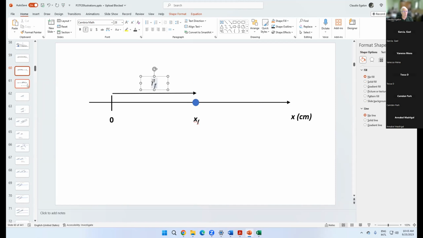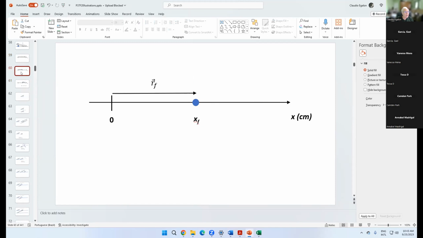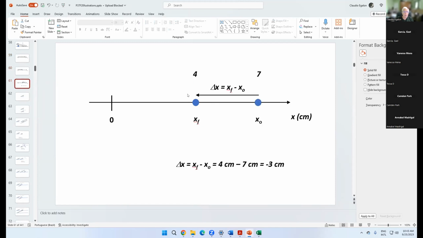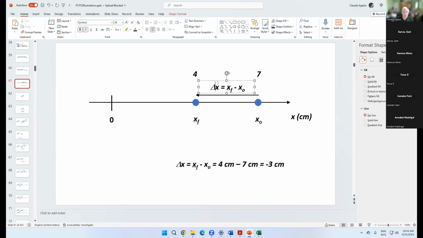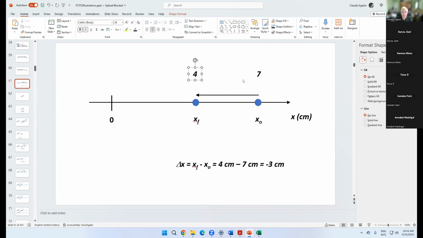And then if I want to represent delta R, the displacement is going to be represented by the vector that goes from the initial position to the final position.